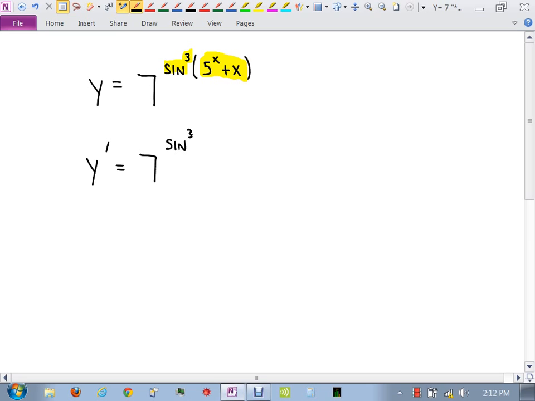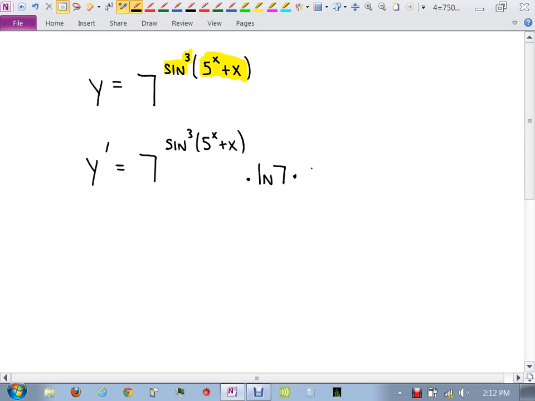Won't it just be itself? But then times, very important here, ln of 7. And that takes care of the derivative of 7 to the junk. But then chain rule says you now need to multiply that by what? The derivative of the junk.